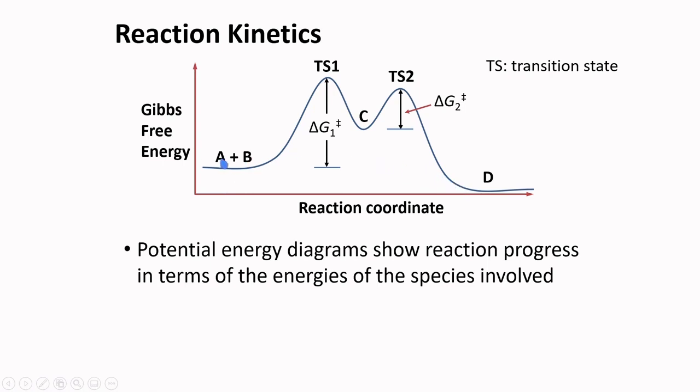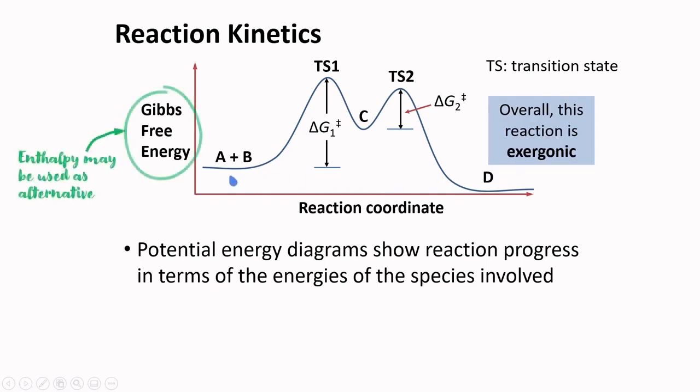If we have Gibbs free energy here, then we can say that the energy of the product is lower than the energy of the reactant. This reaction overall is exergonic. In some cases, Gibbs free energy can be replaced by enthalpy values. If this is enthalpy, then we can say that this reaction is exothermic.